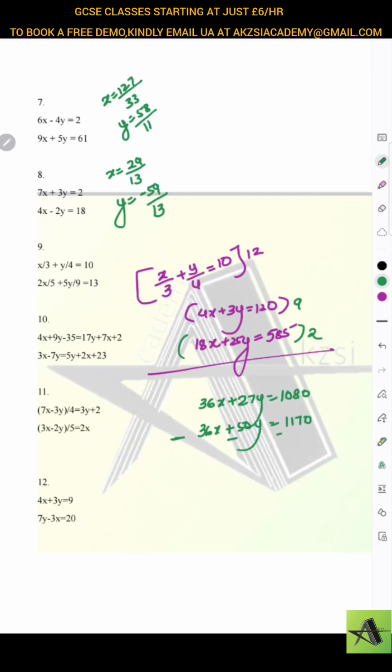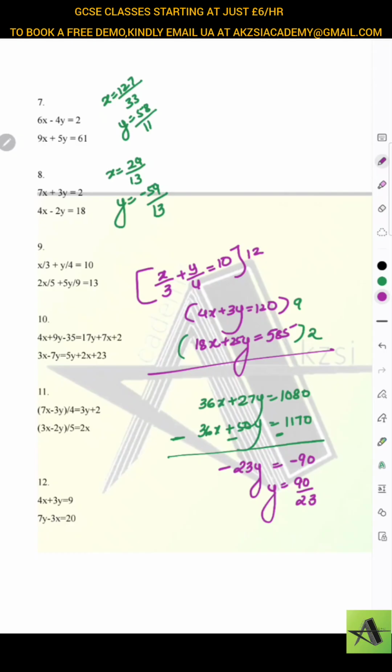Subtract. So on subtracting, x and x will become 0, and this will be negative 23y, and 1170 minus 1080 will give me 90, so minus 90. So y is equals to 90 over 23.